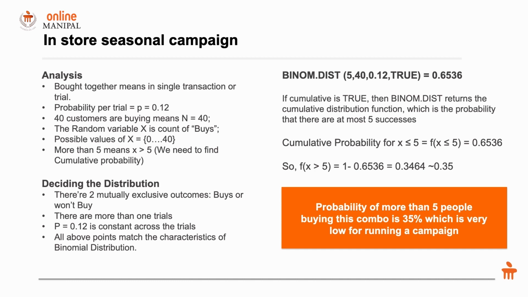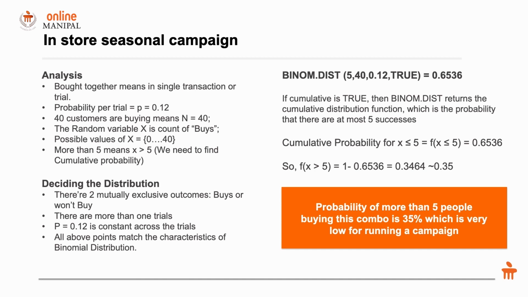So the cumulative probability for x less than or equal to 5, x equal to 0, 1, 2, 3, 4, 5, is 0.65. What we are interested in is x greater than 5, that is the right side of x. So what will be the probability of x greater than 5? It would be 1 minus 0.65, which is 0.35.